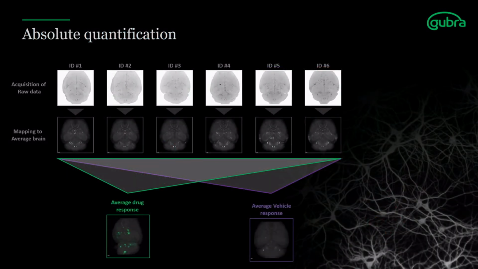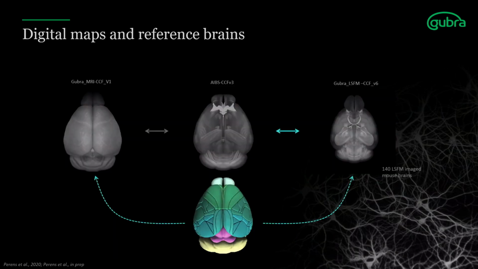So in order to do that, we have our data analysis pipeline, which aligns each brain into an average map in order to finally visualize an average drug response. For that, we have to align each brain to a common template that has an annotation of the brain atlas. We typically use the annotation from the Allen Institute.